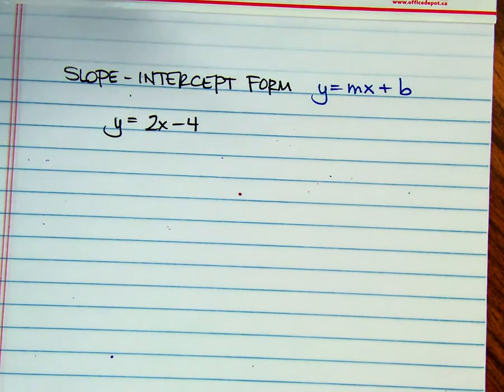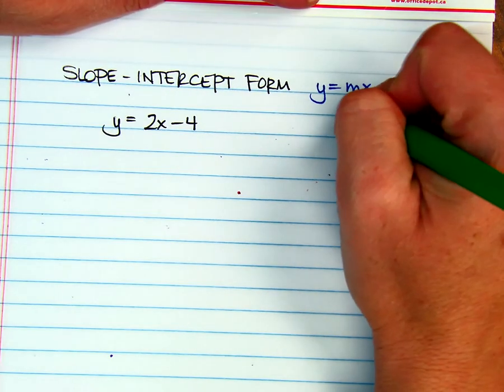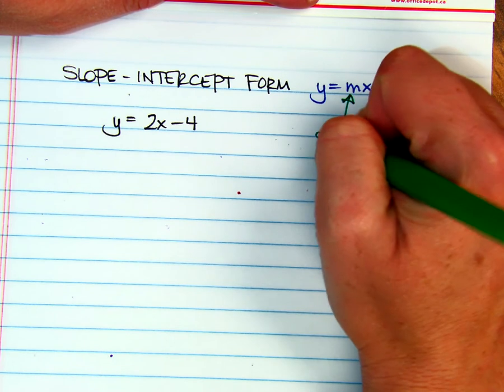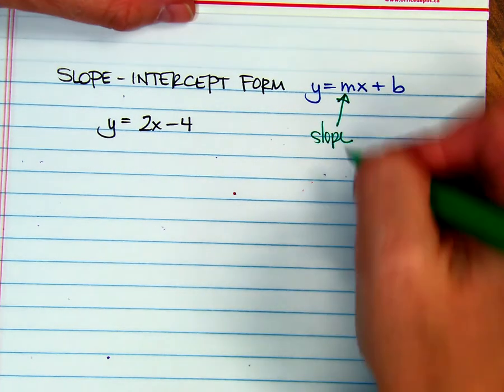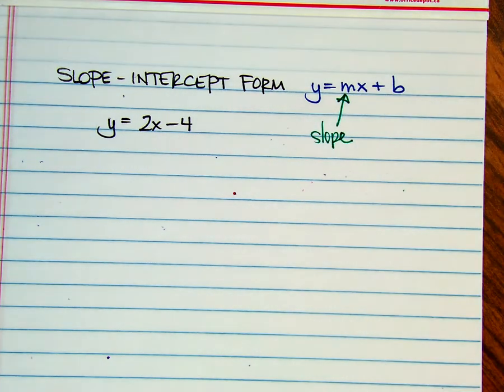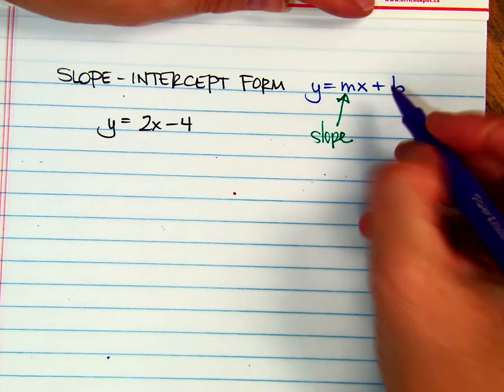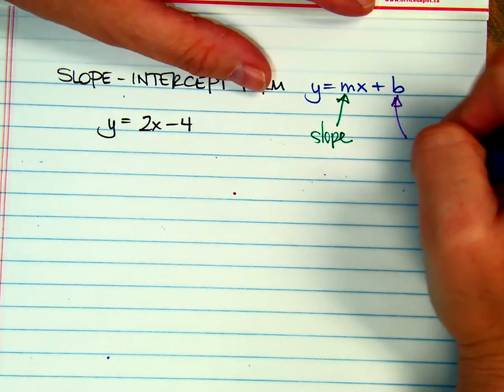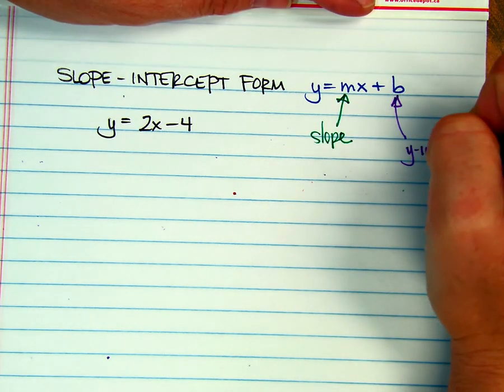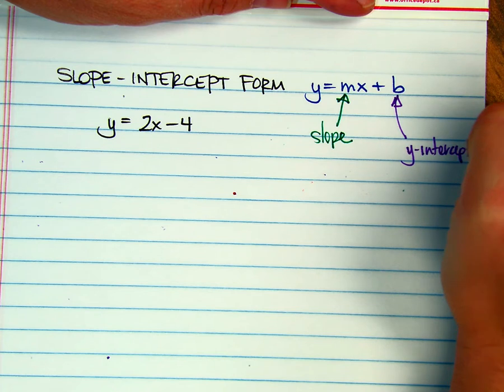And we've already talked about m. M is the slope, which is the steepness of a line. And then we are going to learn about b, which is the y-intercept.